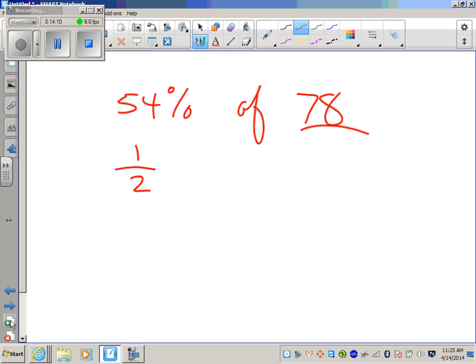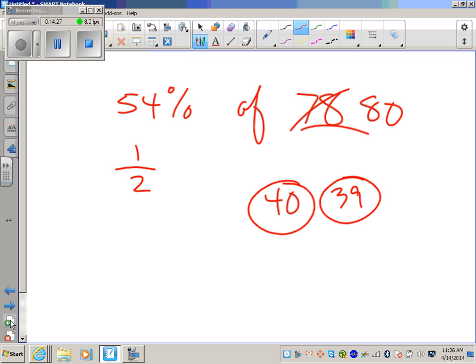So if I know that 78 is, but I also know that 80 is, what is half of 80? There it is. That's acceptable. If you know that 80 gives you one more 2 than 78, then maybe you went 39. I don't care. If you're that quick, either of those are fine.